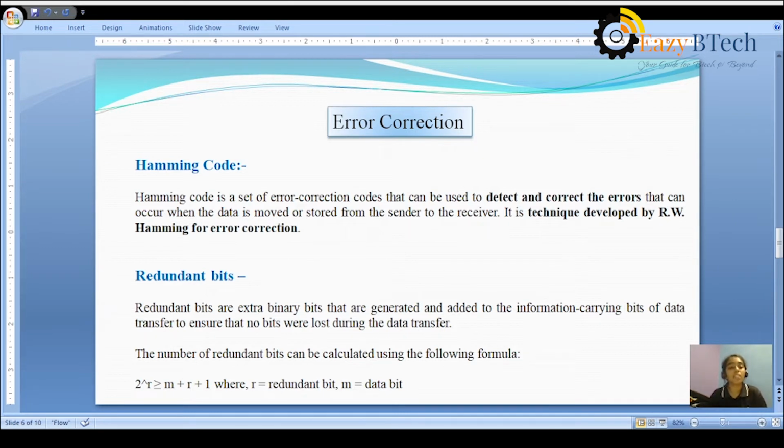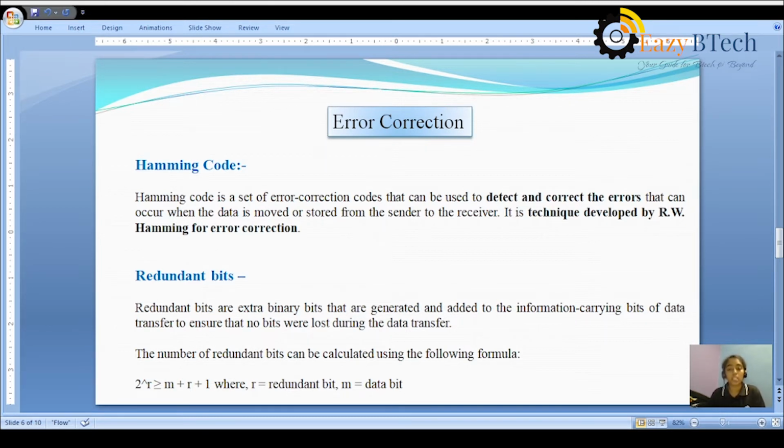The redundant bits are extra binary bits that are generated and added to the information carrying bits of data, that is, added to the original data.